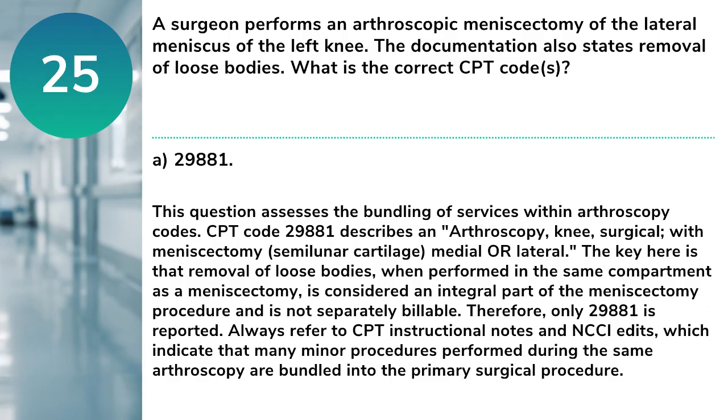CPT code 23412, repair of rotator cuff, e.g., torn supraspinatus, infraspinatus, or subscapularis, open, complete tear, encompasses any necessary reshaping of the acromion to facilitate the repair. Therefore, only 23412 should be reported. Always check the NCCI edits and CPT guidelines to avoid unbundling services that are inherent to a primary procedure.